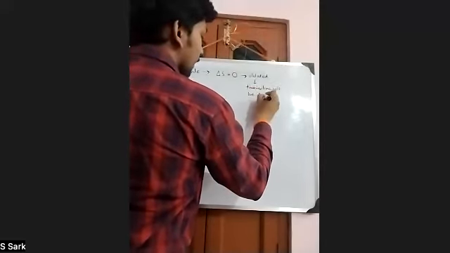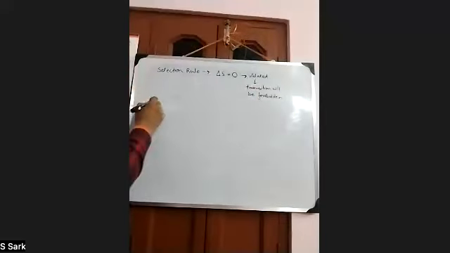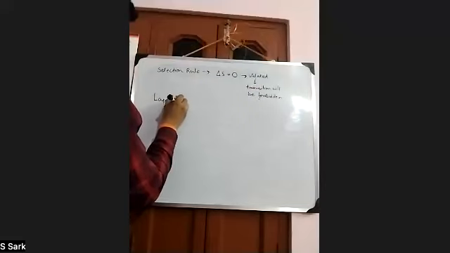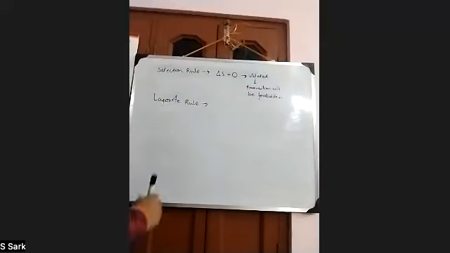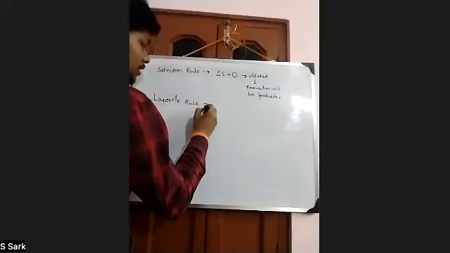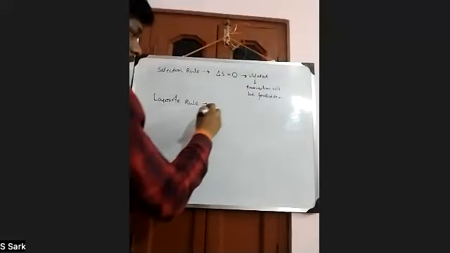But in case of the Laporte rule, the rule for transition is del L should be 0 or plus minus 1.